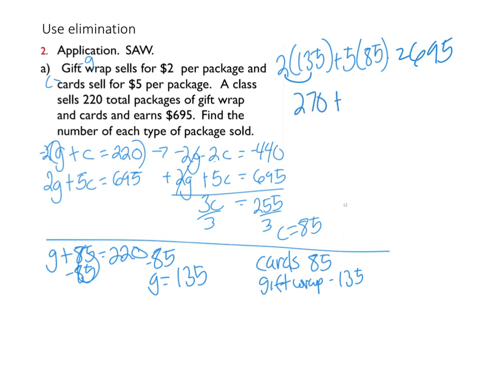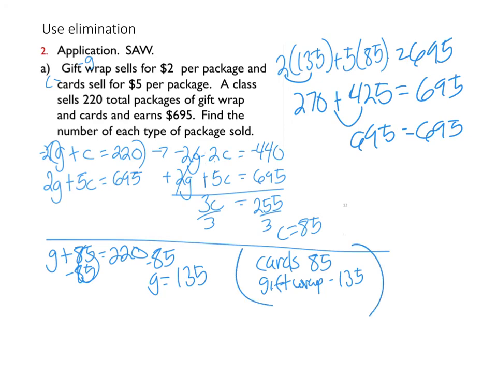Oh, not plus, 5 times 85 gives me 425. Plus 270 equals 695, which is $6.95. Answer checks out. So cards, 85, gift wrap, 135.